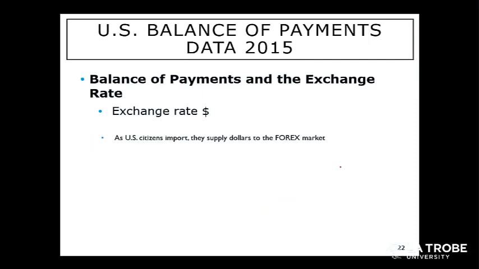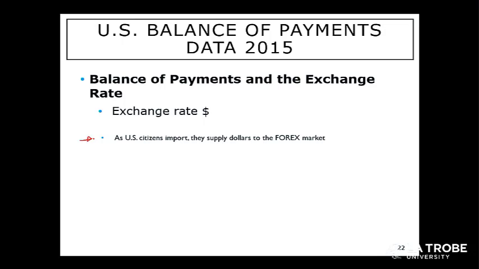So when we think about how the balance of payments might affect the value of your currency, any change in the balance of payments will affect either the demand or supply of your currency, and therefore it might change the value of your currency, right? So as a general rule, if we buy things from overseas, that means we have to pay our trade partners.